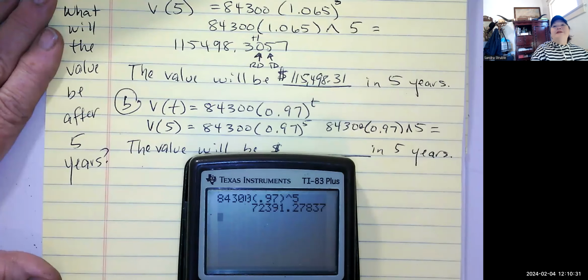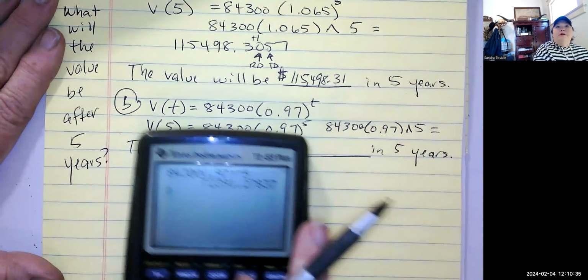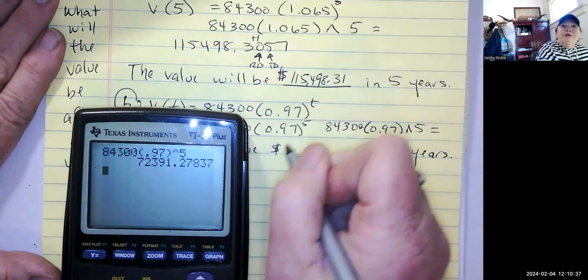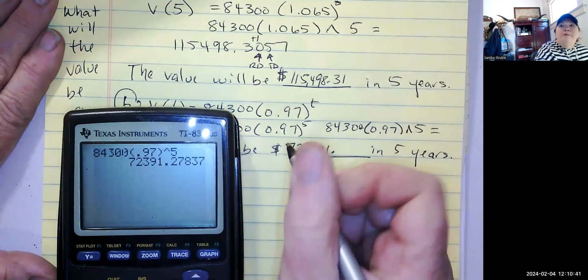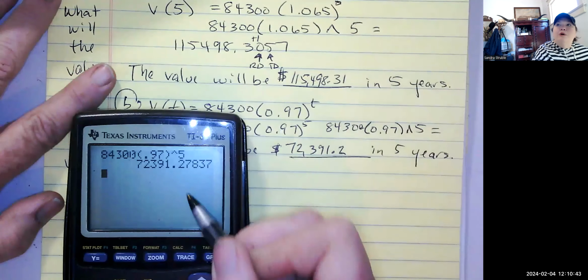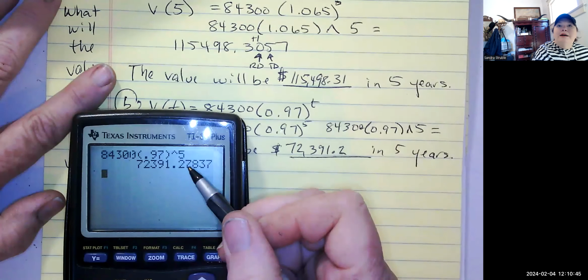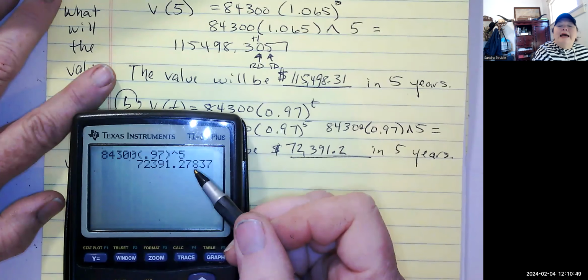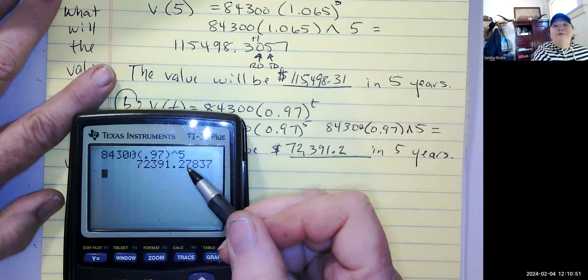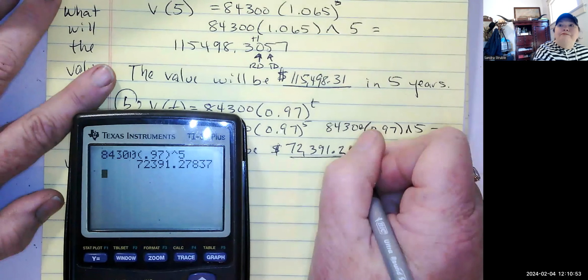It's now worth 72,391. Point what? So let's start with the 72. I've got my $72,391. No one's arguing about that. Point 2, I need to know what my ones place is. Because I'm rounding, my rounding digit is 7, my test digit is 8. 8 is greater than 5. Therefore, I'm adding 1 to that 7.